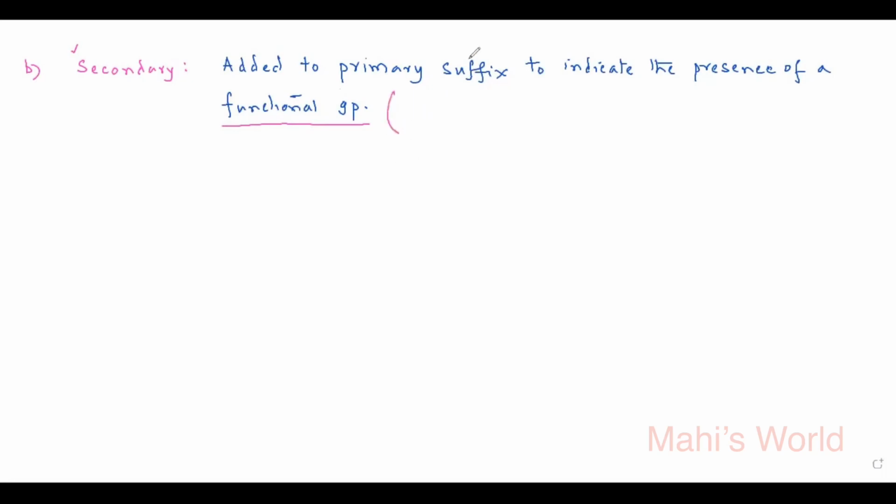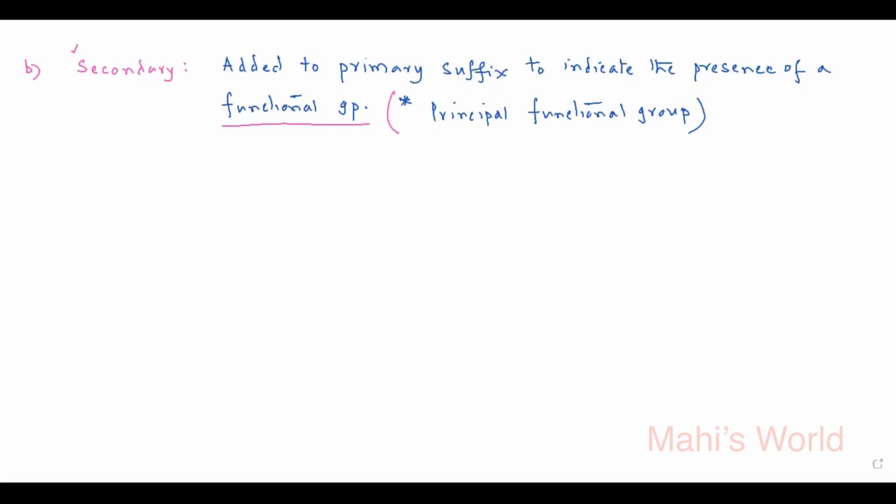And if suppose there are more than one functional groups, this is very important. If there are more than one functional groups, then the principal functional group is written at the secondary suffix area. Let me just give you one or two examples.